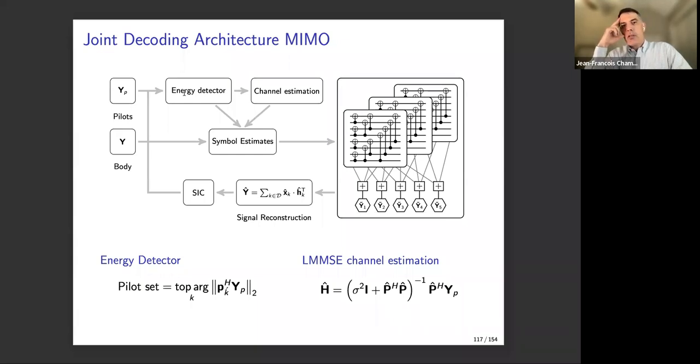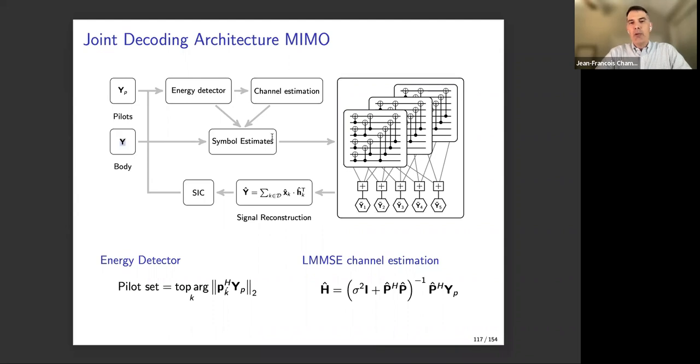And we're also going to use the pilot part to do channel estimation. Once we have identified all the active pilots, we can do a linear minimum mean square estimation for channel estimation. The bottom part of this graph looks essentially like spread polar.